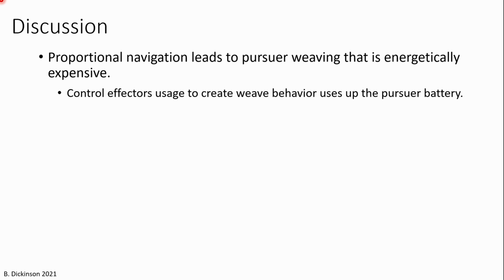As you can imagine, for a pursuer to take a less direct path to the target and weave in response to the target weave behavior, it's going to be using up a lot of energy in that process. And this is bad from a couple vantages. One is that as the pursuer maneuvers, it has to adjust its control effectors, and it's using a finite onboard energy supply to do this. So the more it maneuvers, the more likely it is to run out of energy to perform the intercept.